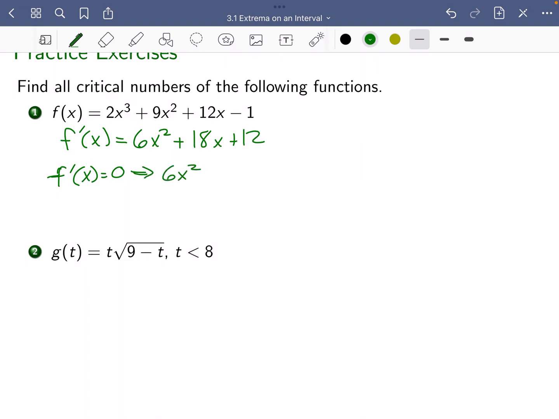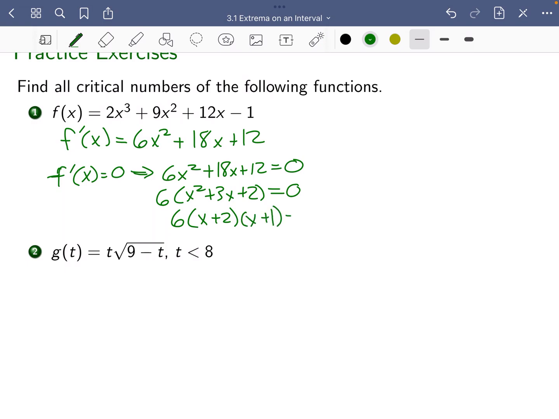So we have 6x squared plus 18x plus 12 equals 0. We can factor 6 out, so we have 6 times x squared plus 3x plus 2, and that factors further to x plus 2 times x plus 1. So x is -2 or -1.